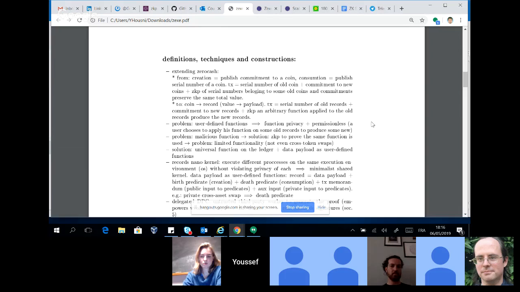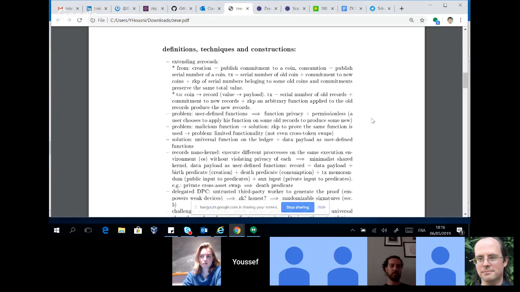So for example, if we take an example, we want to do a cross asset swap in Ethereum in a private and zero knowledge fashion.